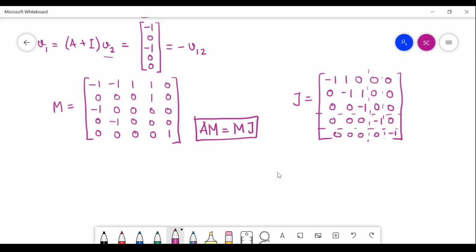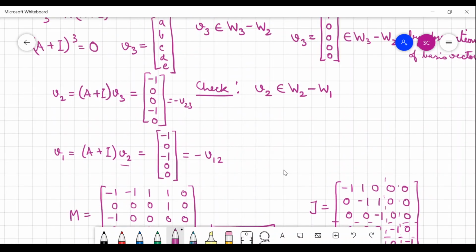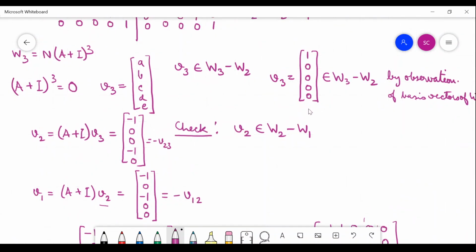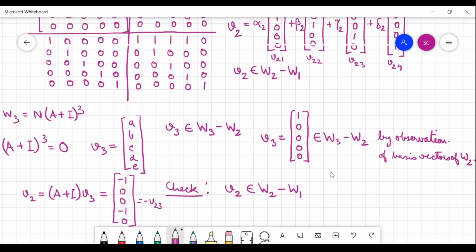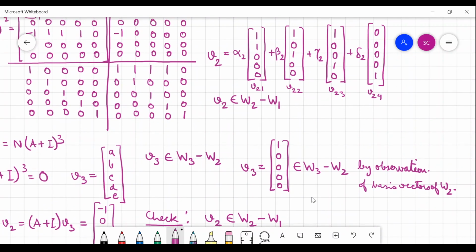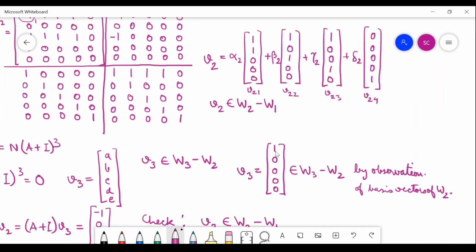Here in this particular example, I would like to show you something, that if you start with the V3, the V3 that we have chosen was 1 0 0 0 0, you can also take the final element as 1 here. So if you take 1 0 0 0 1, still that V3 will not be a part of W2, and you can proceed with that V3 actually.